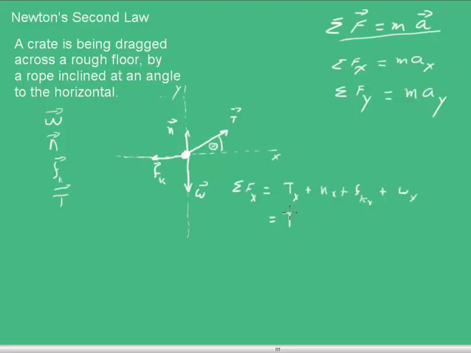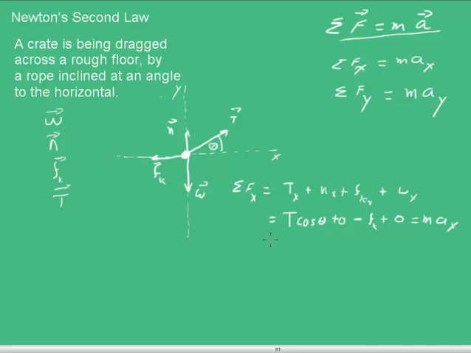Make sure you understand what I'm doing here. The horizontal component of this force is 0, so I'll just write 0. You could just not put anything, and that would be okay. This obviously would be minus, so I could put plus minus, or I could just take off the plus sign and put minus Fk, plus the x component of the weight, which is 0, and this is going to be equal to the mass times the x component of the acceleration.